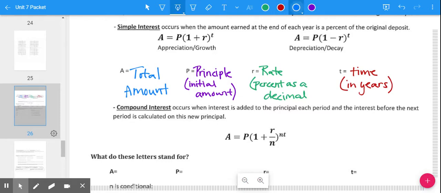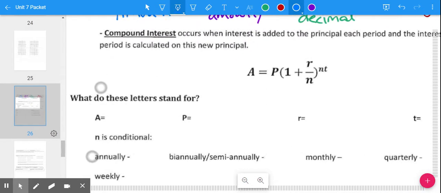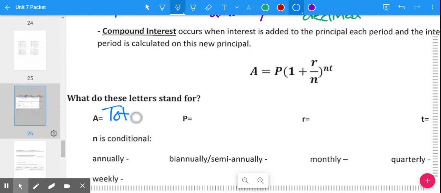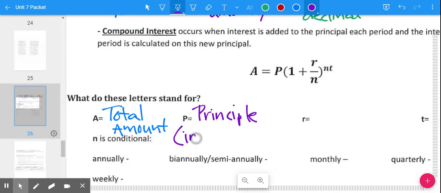So A is still the total amount. P is still your principal, which is your initial amount.